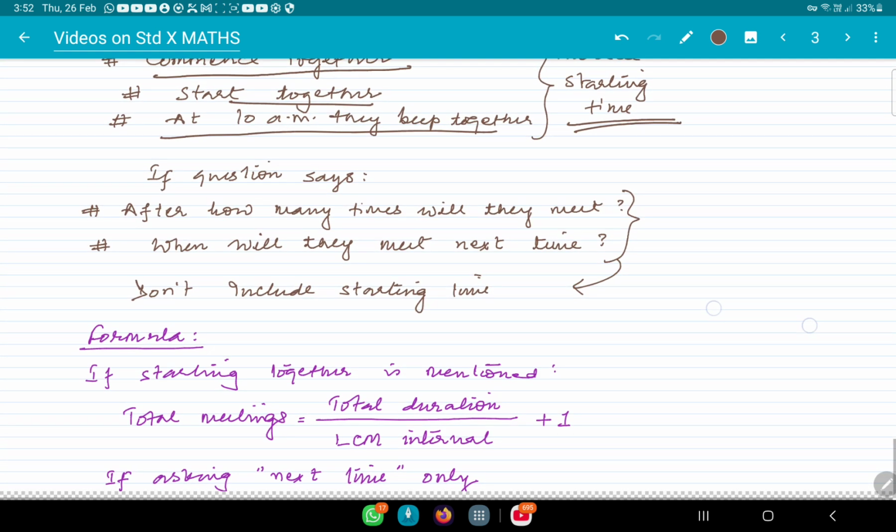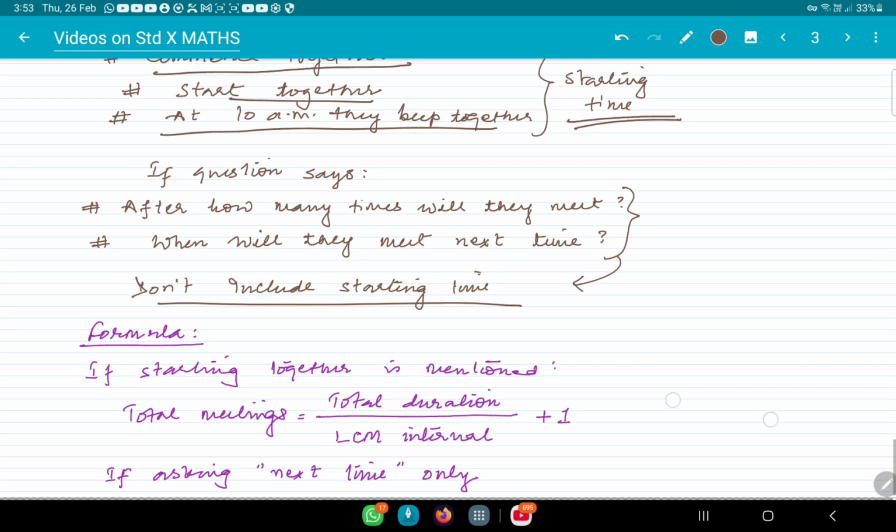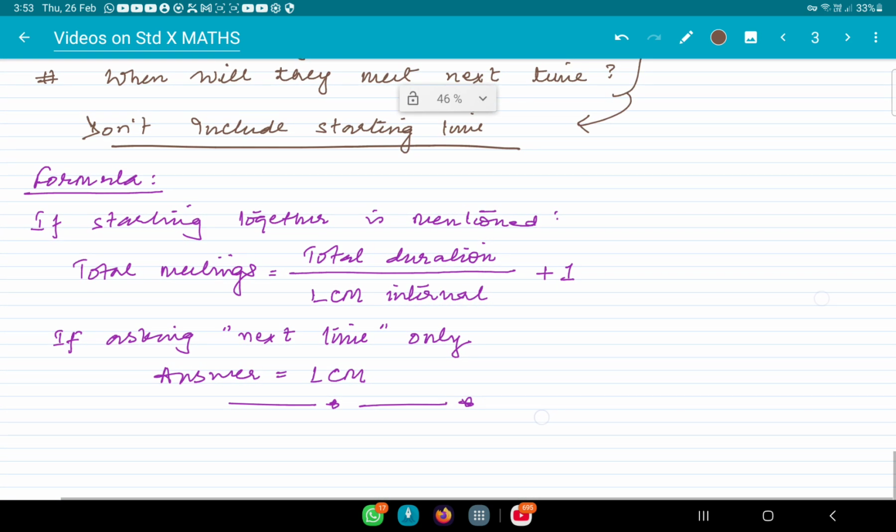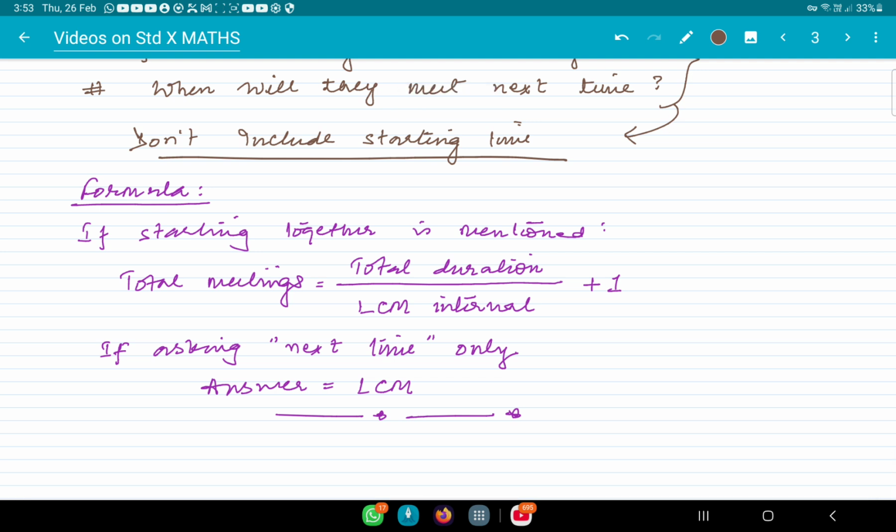Or if the question says after how many times will they meet, or when will they meet next time, then don't include the starting time. Now the formula for this: if starting together is mentioned, total meetings will be equal to total duration divided by LCM interval, plus 1. Or if they ask for the next time only, then the answer is equal to LCM only.